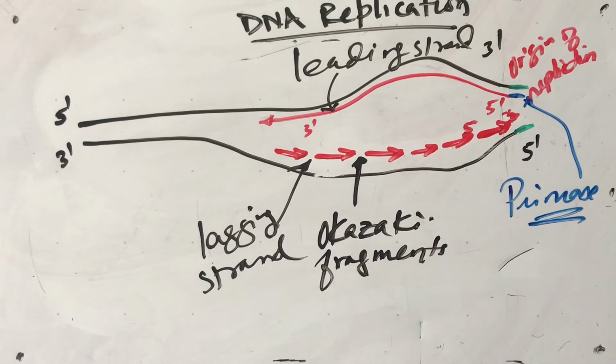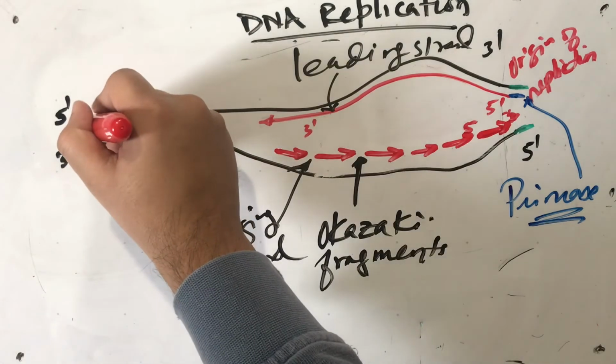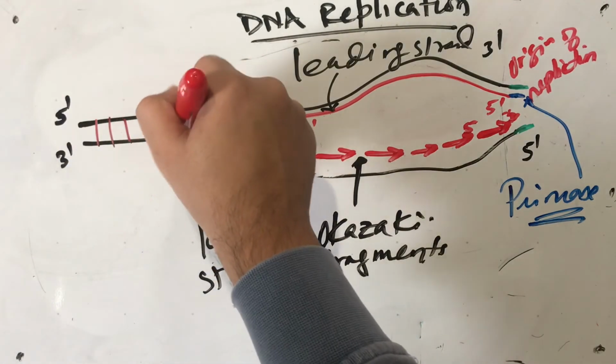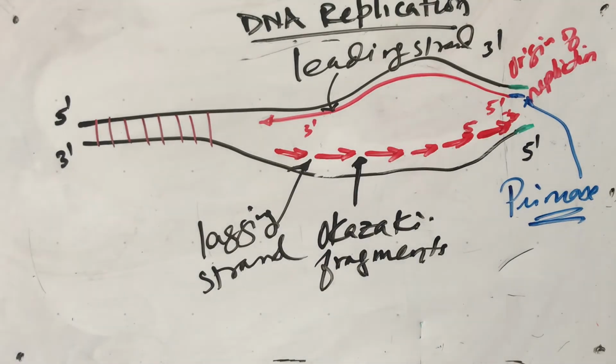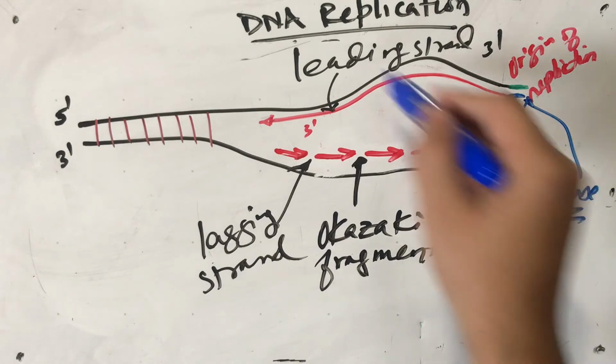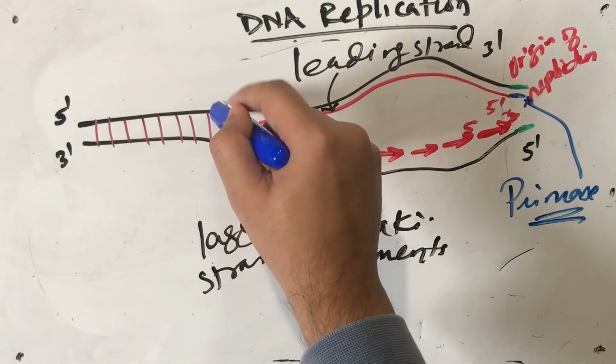Now we have this enzyme called helicase. This is our hydrogen bonds. Okay, this enzyme helicase actually comes at the origin of replication, and it starts unwinding this double helix.